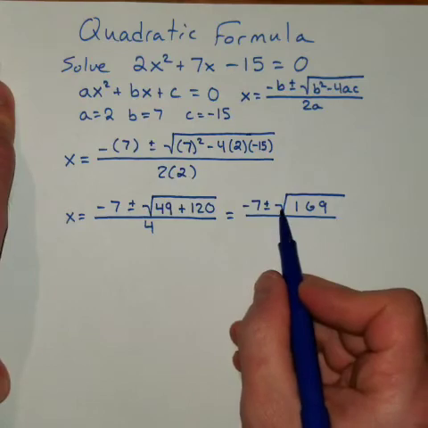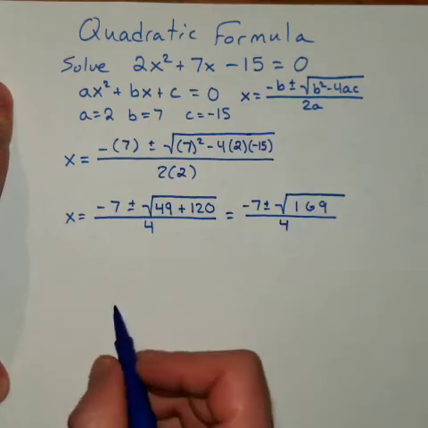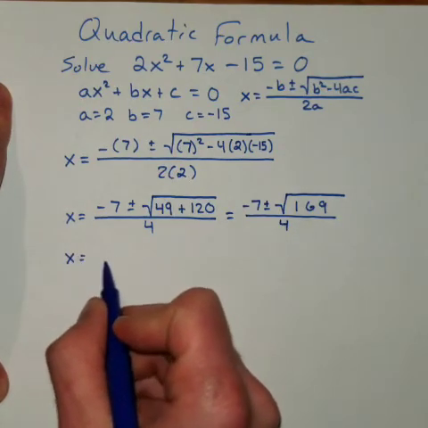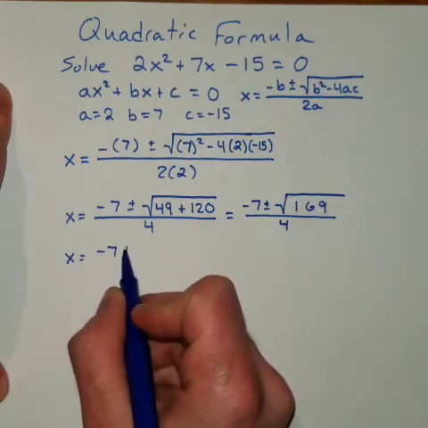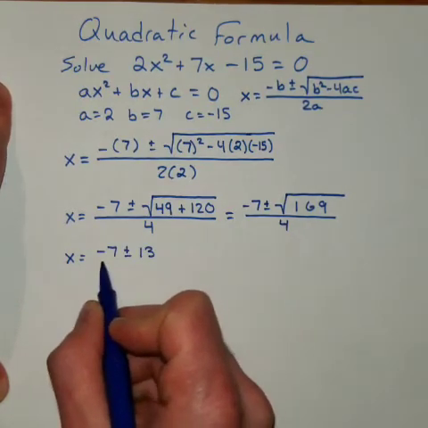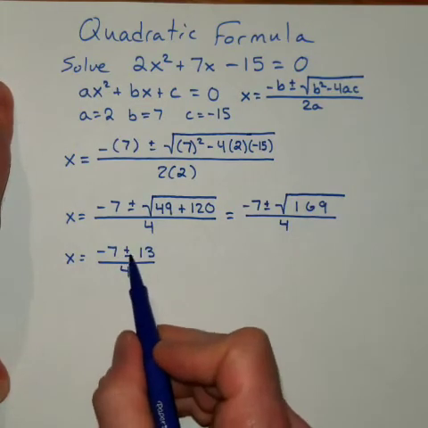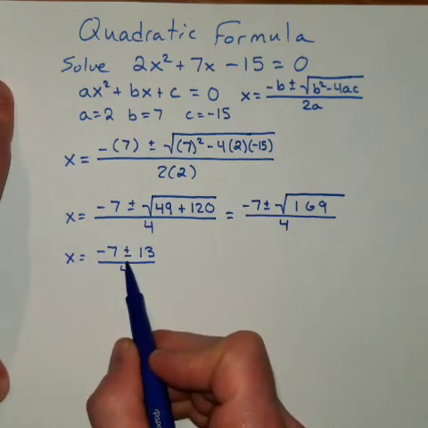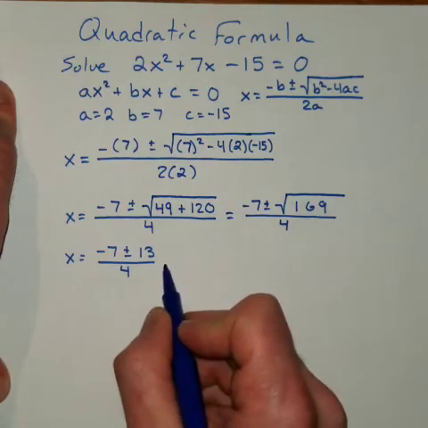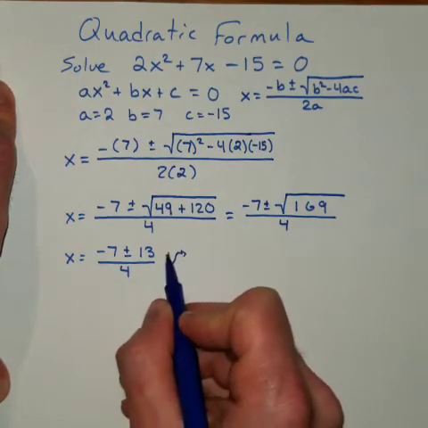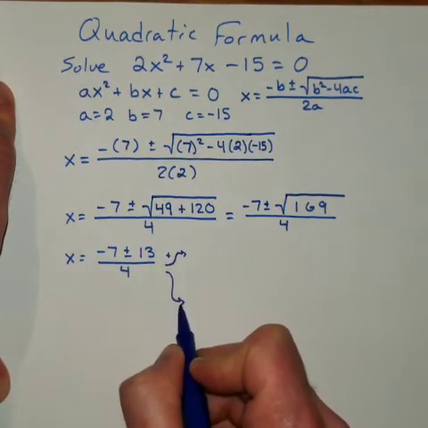And then the square root of 169 we know is 13. So this is x equals negative 7 plus or minus 13 all over 4. That's simplified very nicely. Now remember, with the plus and the minus, you've got to do two different operations. One you take with a plus, and one you take with a minus.